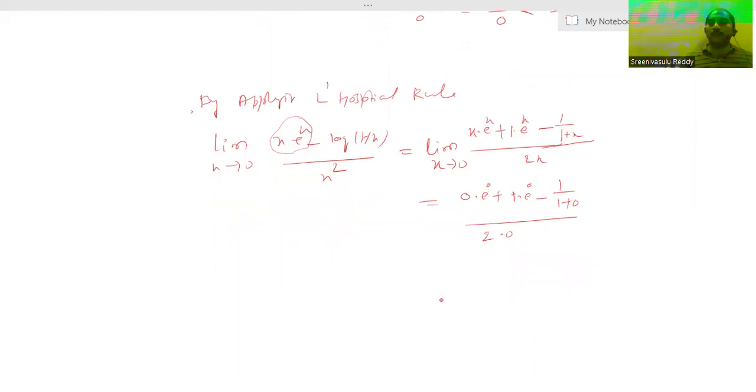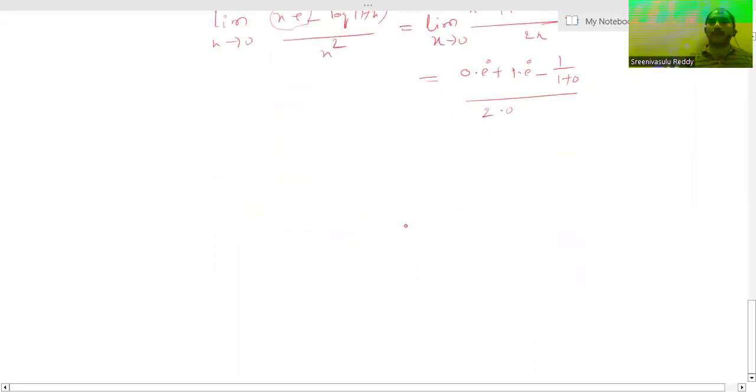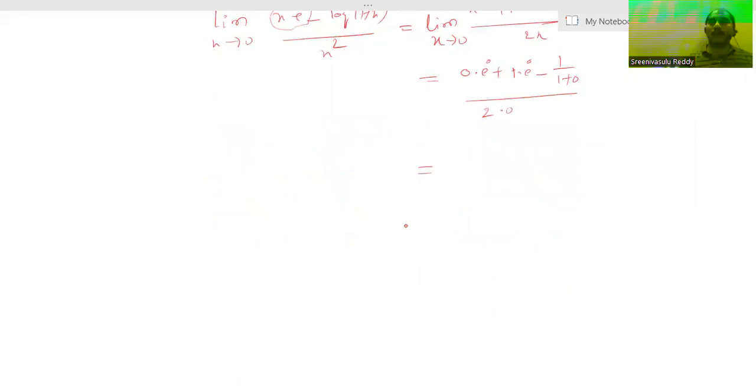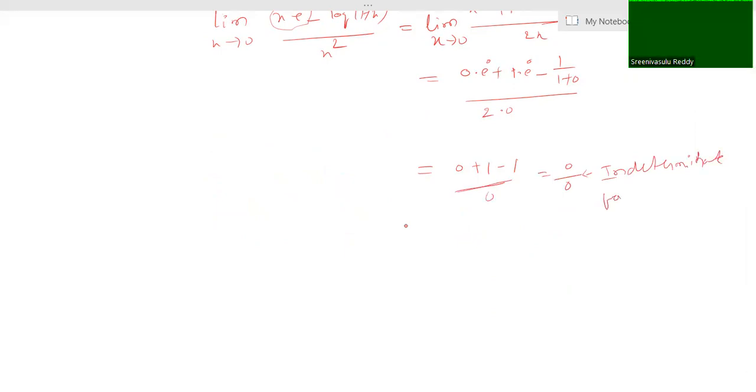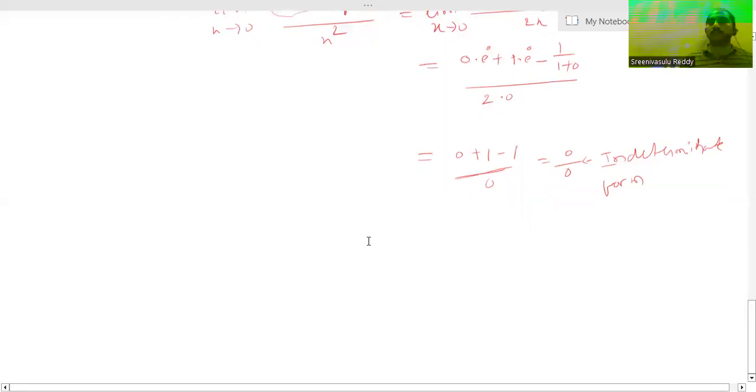So totally we get 0 into 1, 0. 1 into 1, 1, minus 1 by 1, 1. And 2 into 0, 0. Finally, we get 0 by 0, indeterminate form. This is also indeterminate form, so apply one more derivative.